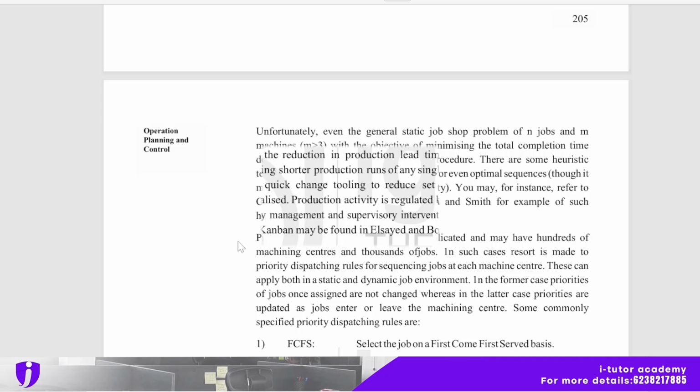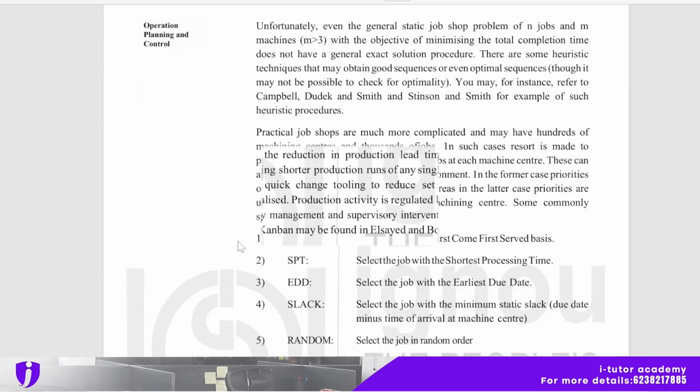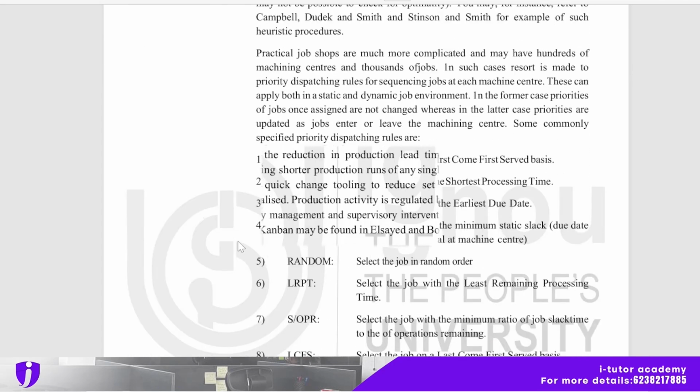And you may, for instance, refer to Campbell, Dudek and Smith and Stinson and Smith for examples of such heuristic procedures. Practical job shops are much more complicated and may have hundreds of machining centers and thousands of jobs.